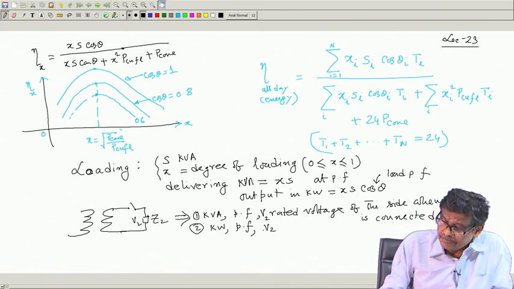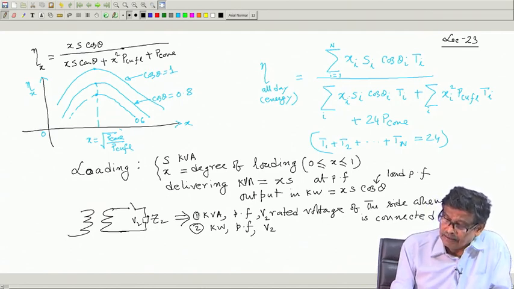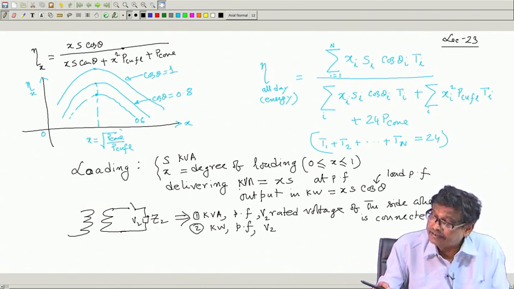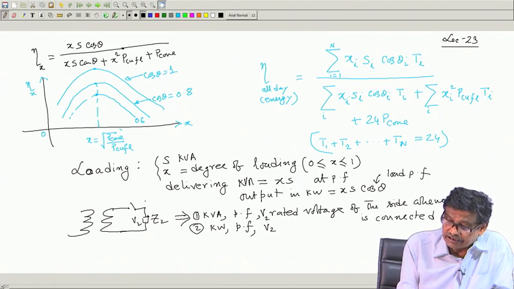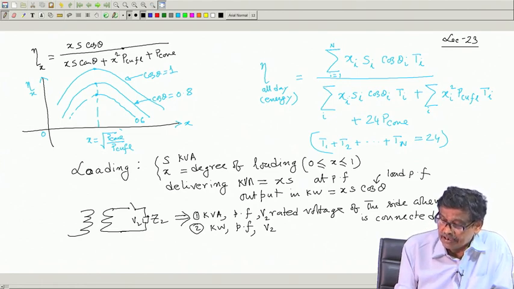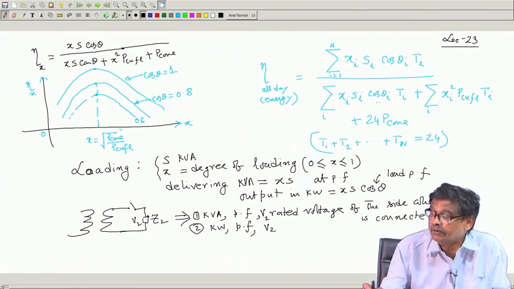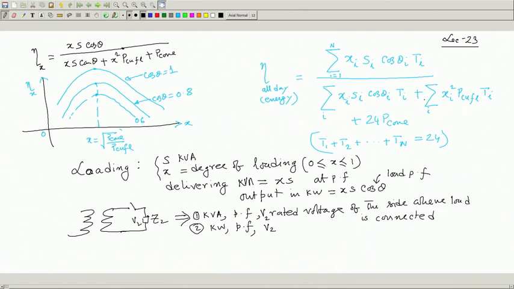Now how to calculate the value of degree of loading x? If you know the rated kVA of the transformer and the kVA it is handling at a particular interval of time, take the ratio, and get the value of x.